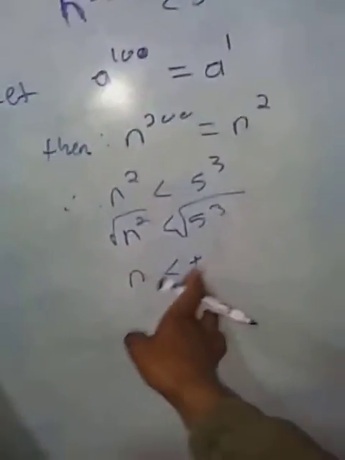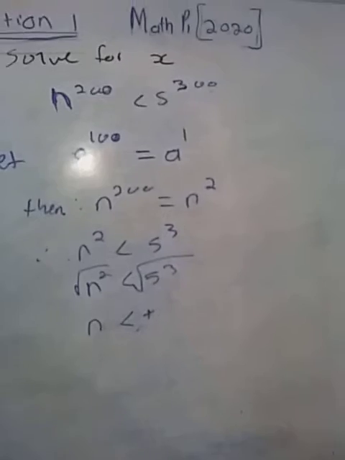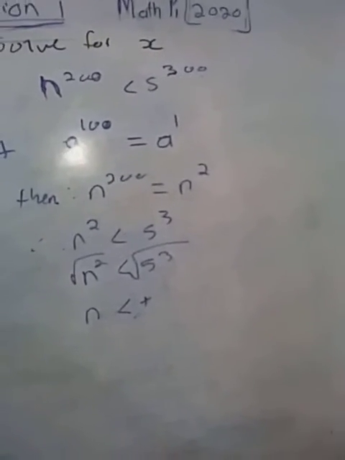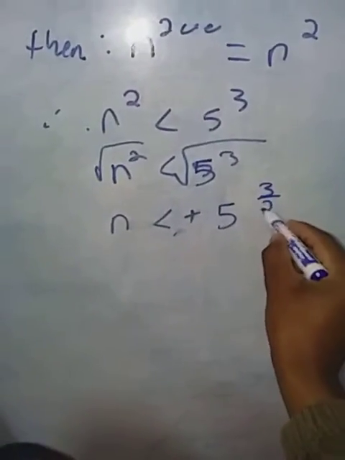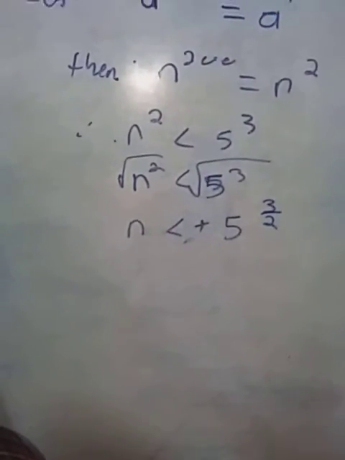Therefore, you remove that negative sign, and you will be left with a positive number. Then you can take the square root of 5 to the power 3, or write it like this: 5 to the power 3 divided by 2. When it's like this, it is easy to deal with.